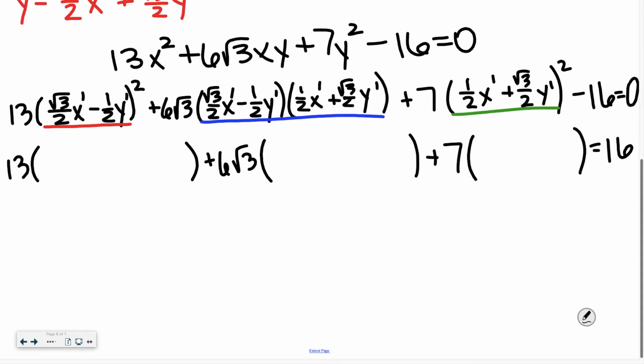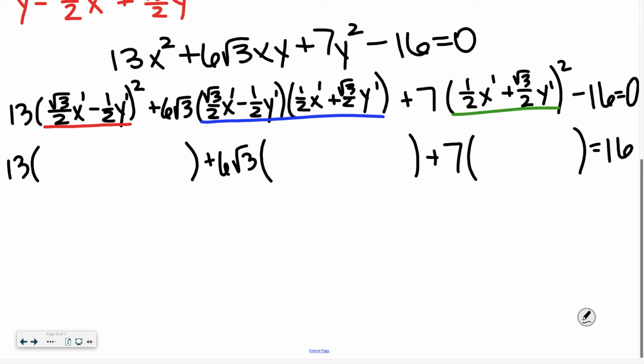Right. Be careful. If you need to rewrite that as radical 3 over 2 x prime minus 1 half y prime times radical 3 over 2 x prime minus 1 half y prime, if you need to write both of them to FOIL, that's fine.